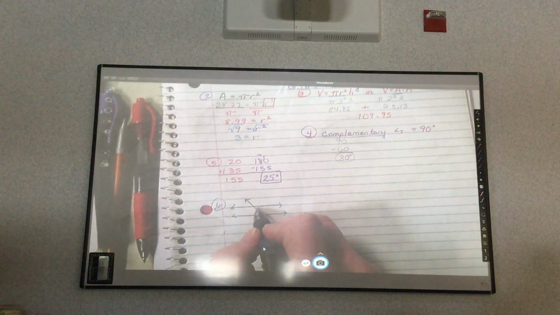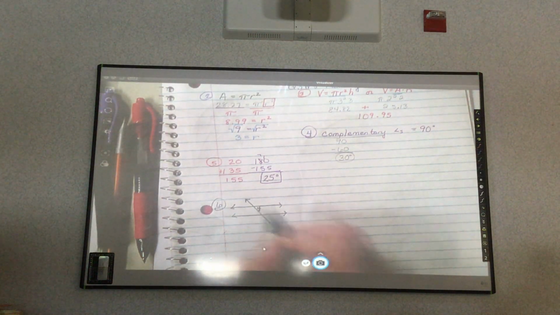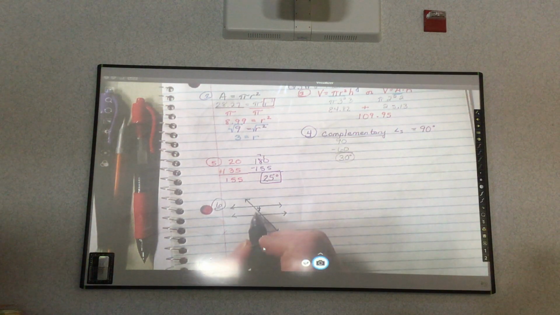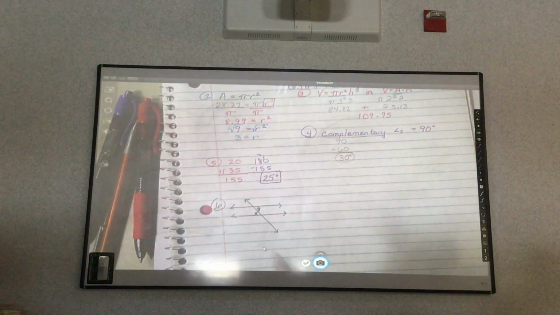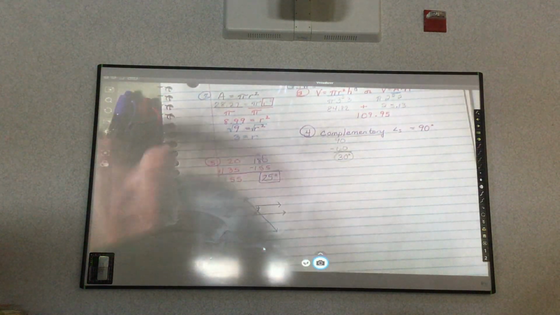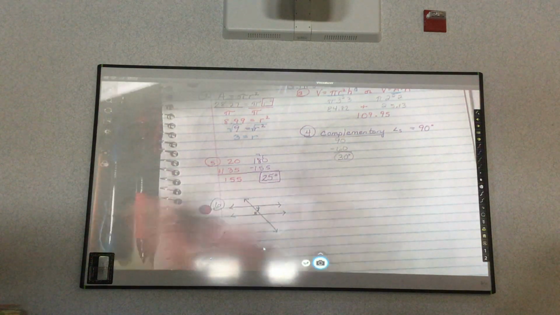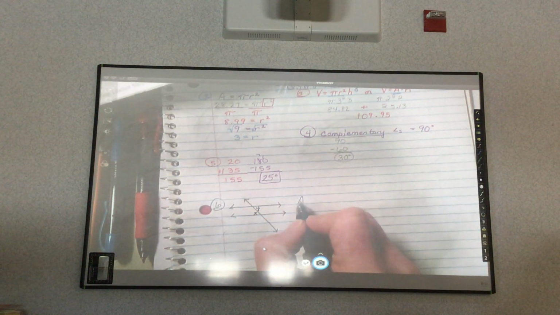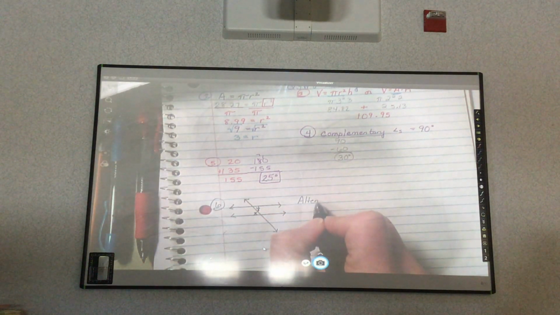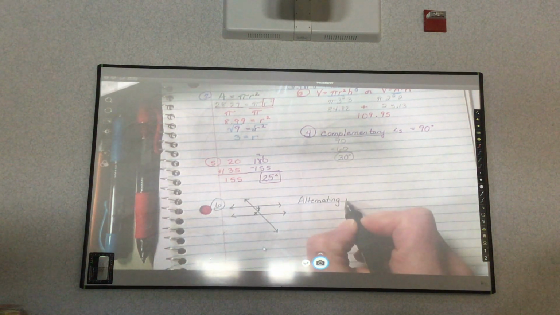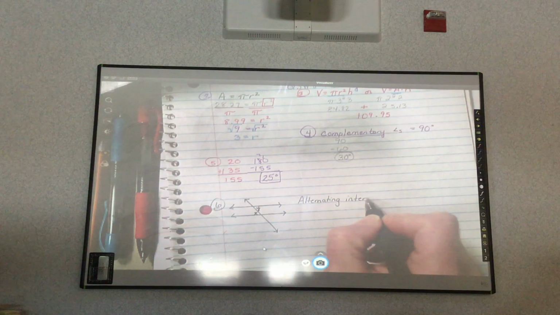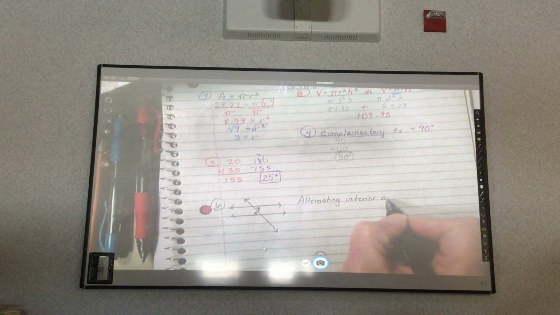We want to know what we have. Y here and X here. If the Y is here and the X is here, those are called alternating interior angles.